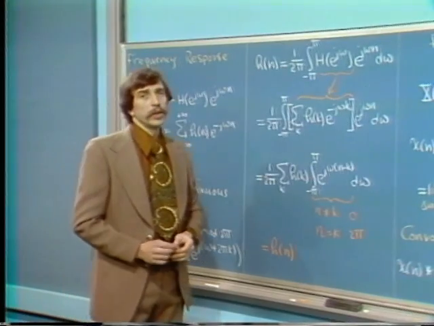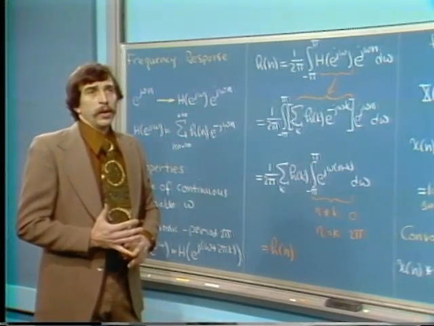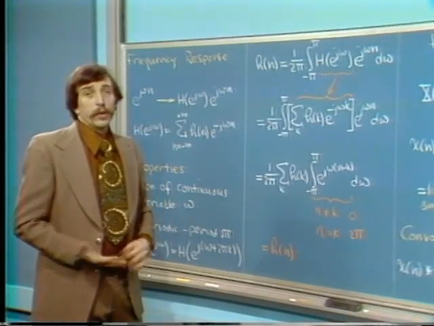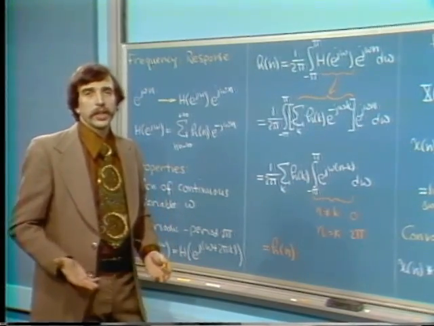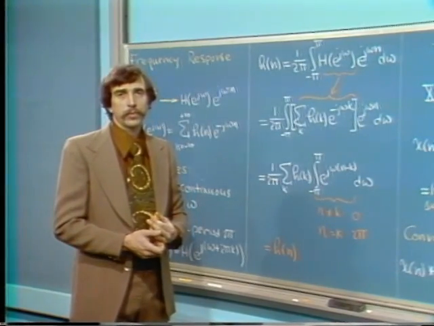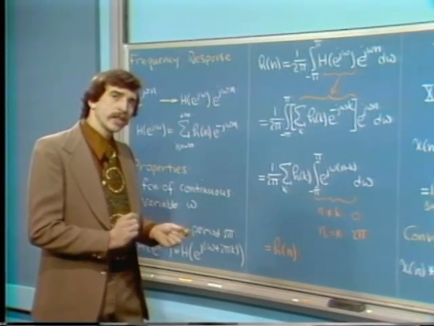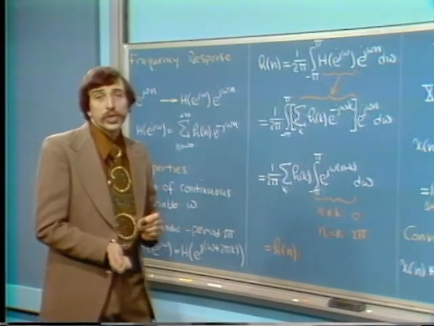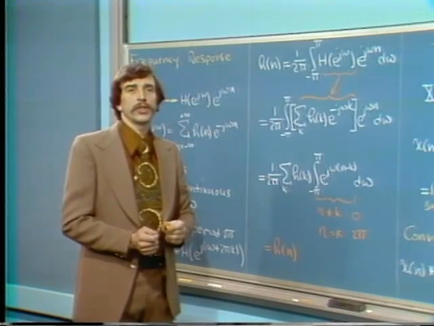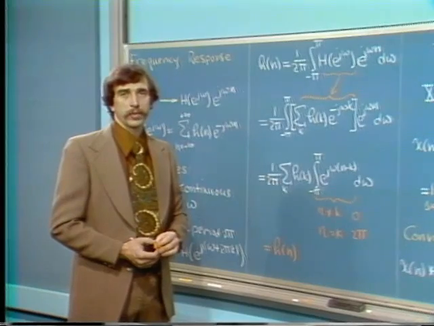Now, one of the obvious facts is that any sequence, if we wanted to, we could think of as the unit sample response of a system. Well, that suggests then that this transform pair isn't restricted to just sequences that we explicitly identify as the unit sample response of a system.